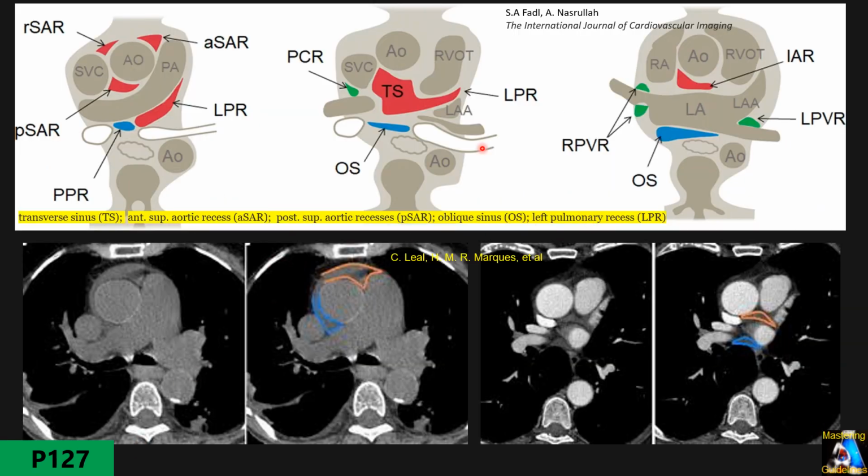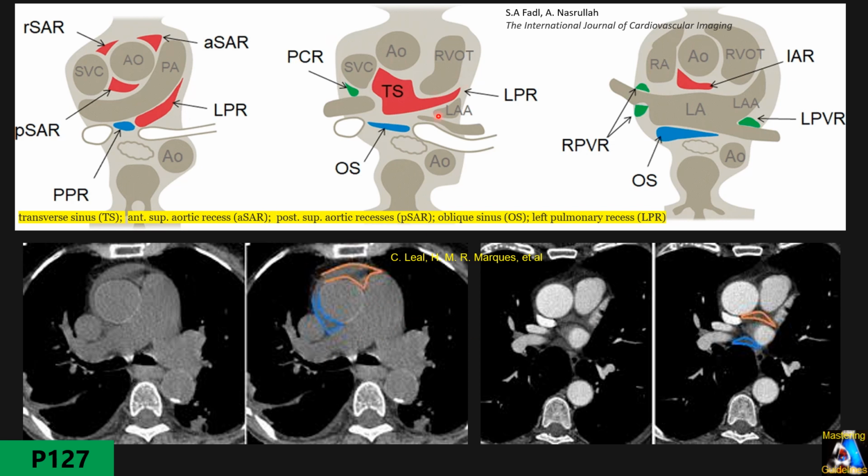Here we have some of those that can be confused with some pathology, especially dissection or some kind of neoplasia on CT scan and MRI, and we should be aware of that.